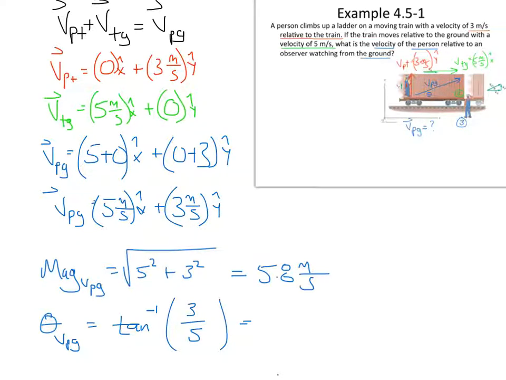What do we get? 31 degrees. I'm going to round up to 31 degrees. And based on our position right here, that's going to be north of east. And that is our direction. So here's our magnitude and here's our direction. Let's just box it up and call it our final answer.